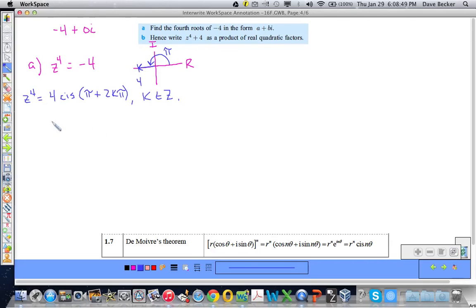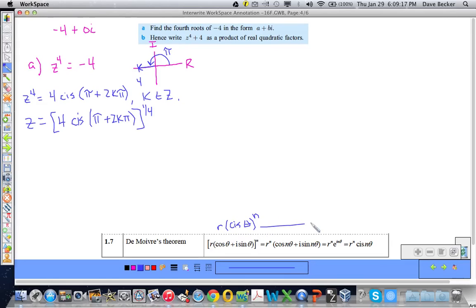Okay, so very similar. Now we're going to take the 4th root of both sides. So 4 cis of pi plus 2k pi, to the 1/4 power. And then we're going to use De Moivre's theorem for cis theta to the n.